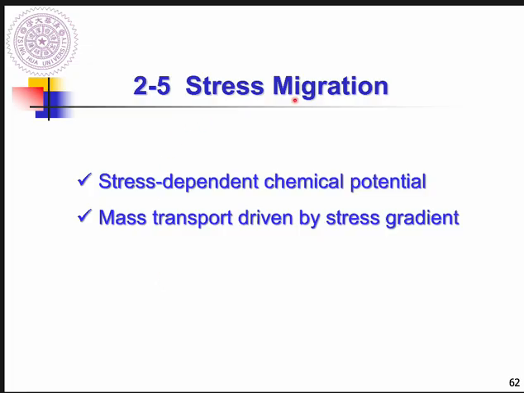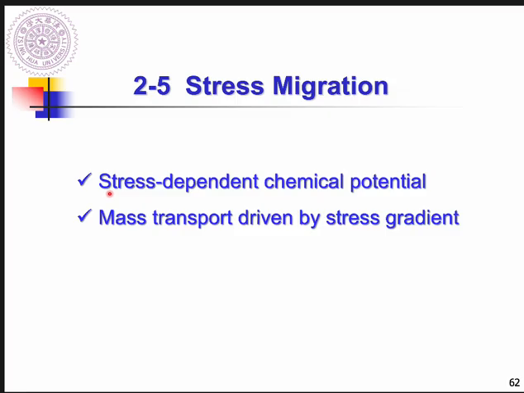We talk about stress migration. Stress migration means that the stress field induces atomic migration. In the first part, we will talk about the stress dependent chemical potential.